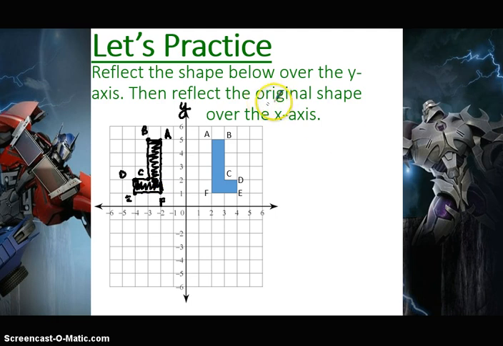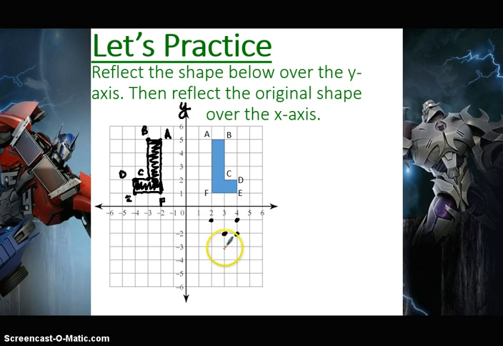Now we can do the same thing to the original shape by flipping it over the x-axis. So it's 1 away, 1 away, 1 away, 1 away. D is 2 away, so it'll be 2 away. C is 1, 2 away, so it'll be 1, 2 away. B is 1, 2, 3, 4, 5 away.